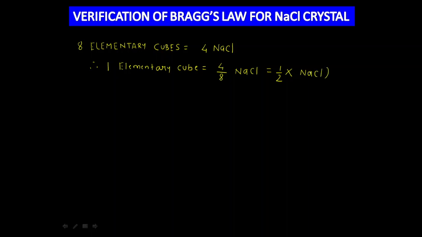Means if the NaCl structure is made up of 8 elementary cubes, but the whole NaCl crystal consists of 4 NaCl molecules, then 1 elementary cube consists of half a NaCl molecule.